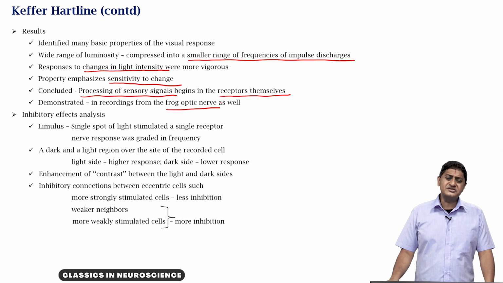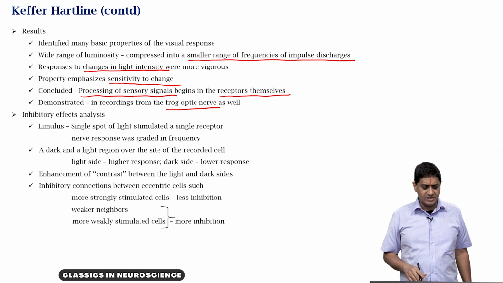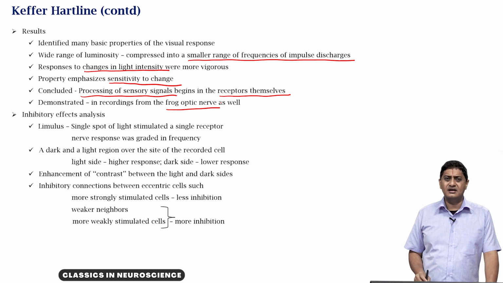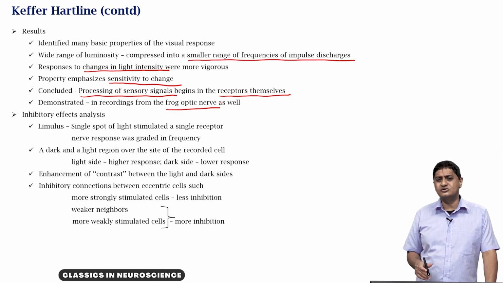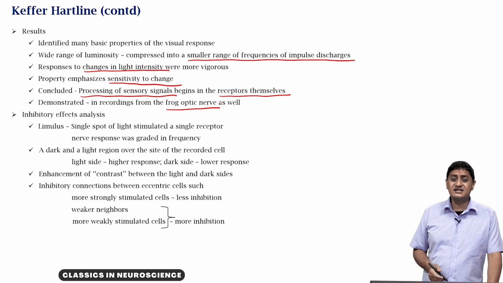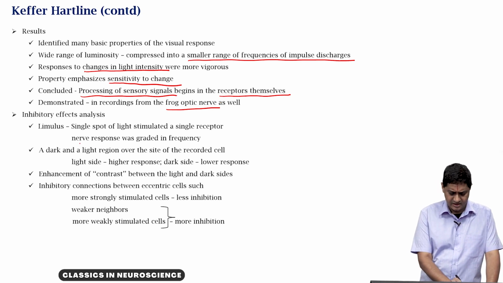Of course, an interest is to compare what happens when you have contrast, when you have a single spot of light and when you change that to bands, for example. What Hartline found was that a single spot of light stimulated a single receptor and the nerve response was graded in frequency.